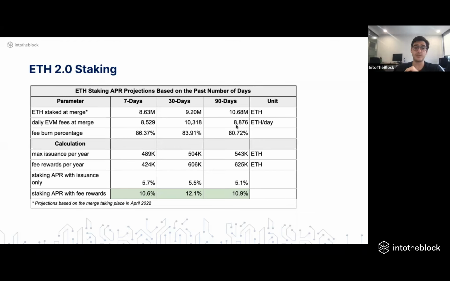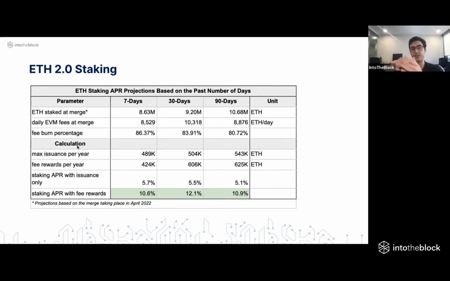It also depends on the fees that are getting processed. As I mentioned, transaction fees will go from going to the miners to the stakers now. So the more transaction activity there is, the higher the APR will be for those staking. But it also depends on the fee burn.